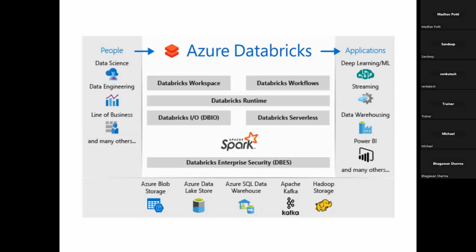For example, at the bottom, the blob storage, the lake storage, and the SQL warehouse storages, and also real-time Kafka and Hadoop storage. It has connectors to get the data, and then process and transform it using Databricks workflows, workspaces, runtime, and Databricks IO, as well as the different serverless services it offers as a package.